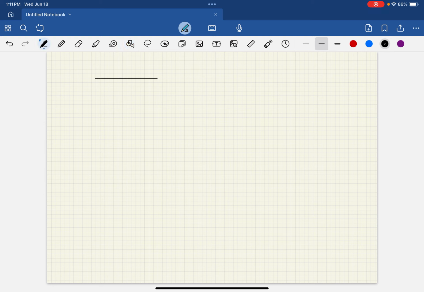Got my horizontal member, got my vertical member here, got that diagonal member here, and we're going to have the roller at A, the pin at C, and this is 6 feet long, this is 8 feet long.